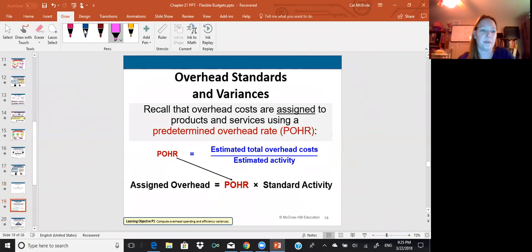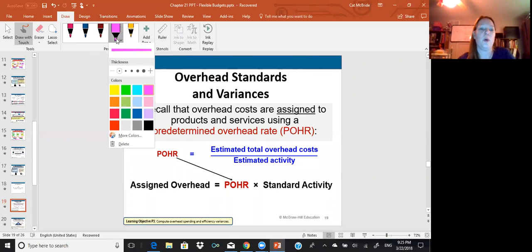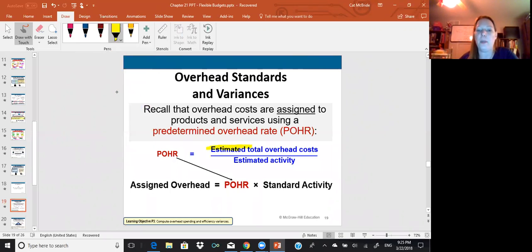When we do our overhead, we're going to take the estimated overhead cost based on historical amounts divided by the estimated cost driver, whether it's labor hours or machine hours or labor dollars. So we're going to take our estimated times estimated, and that gives us our rate. This is based 100% on estimates.